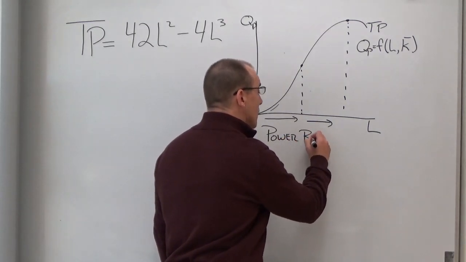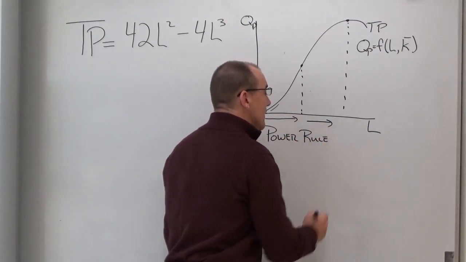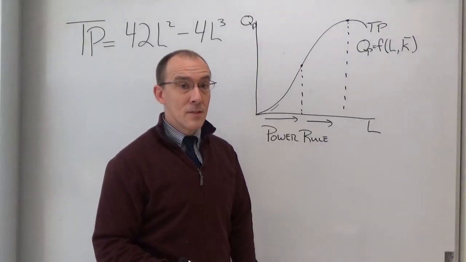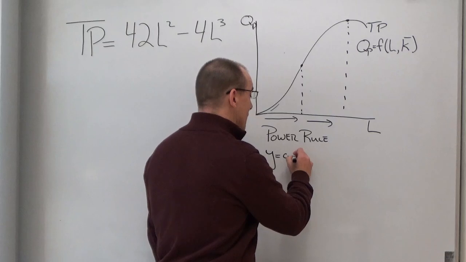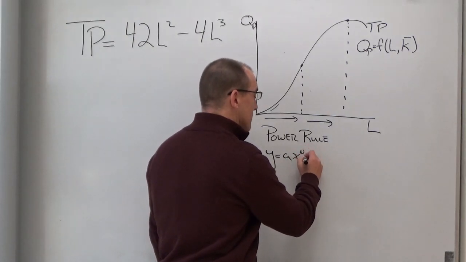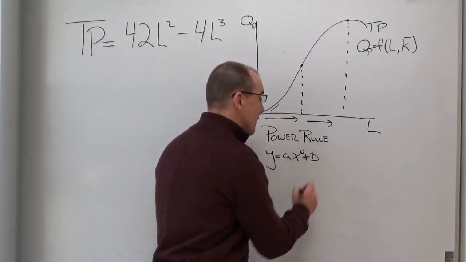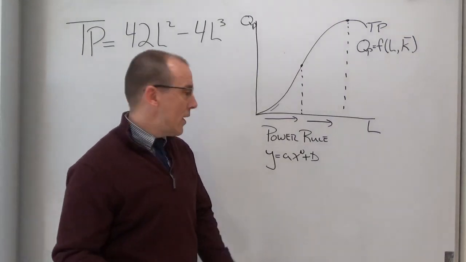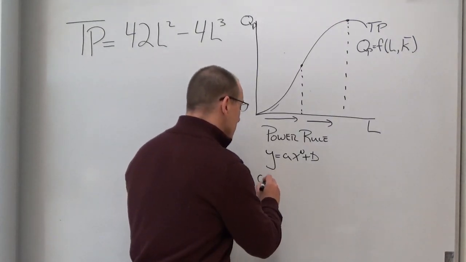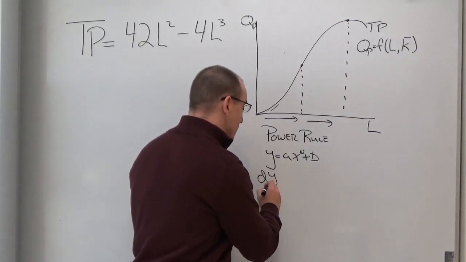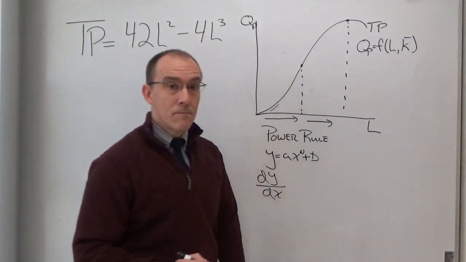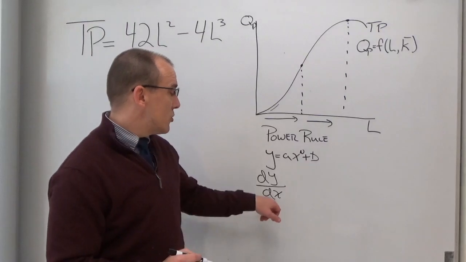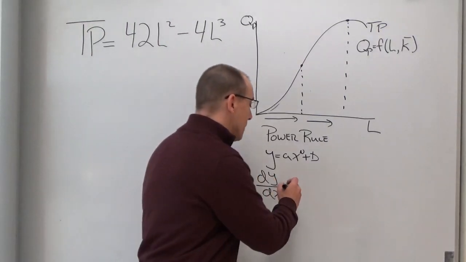There are a lot of rules in calculus. The power rule is a pretty simple one. If I have an equation that is y = ax^n + b, a standard equation, to find the derivative of it, to find the slope of it, I have to take the first derivative, change in y over change in x.